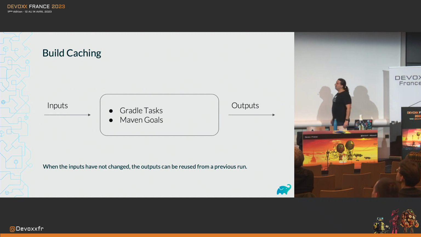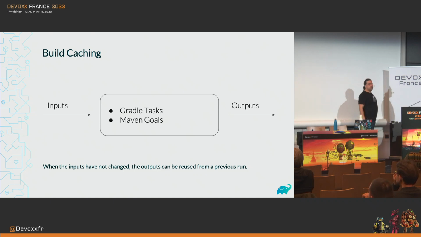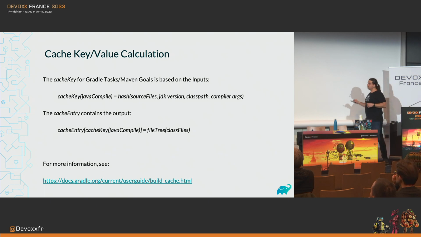How does this work? Well, in the case of the Gradle Enterprise cache, inputs are going to get passed into Gradle tasks or Maven goals or Bazel targets or SBT actions. What are those inputs? Well, like source code, JVM major version, that kind of thing. And we're going to derive a key from that.